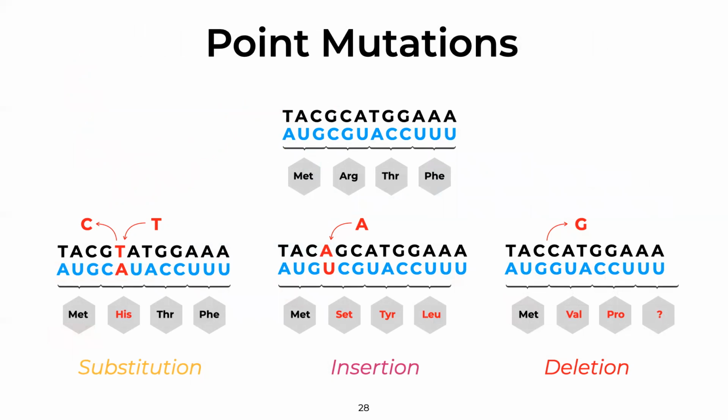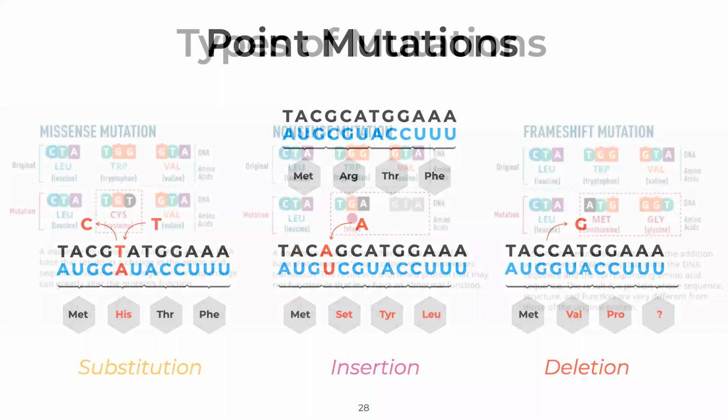They could be of three different kinds: substitutions, where one letter is substituted by another, insertion, when a letter is inserted, or deleted. As a result, we'll have different types of consequences to those changes.